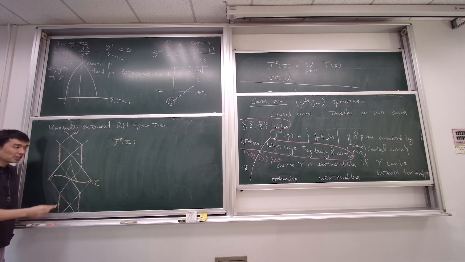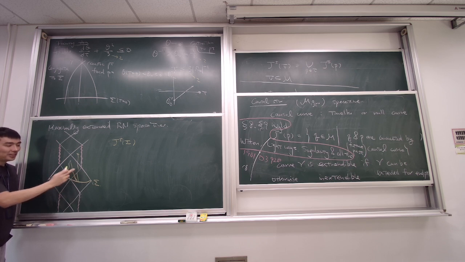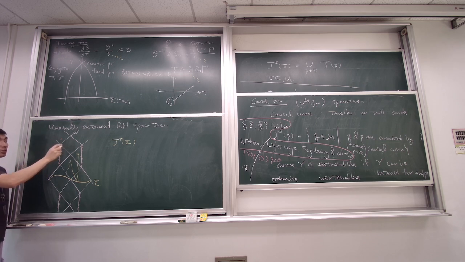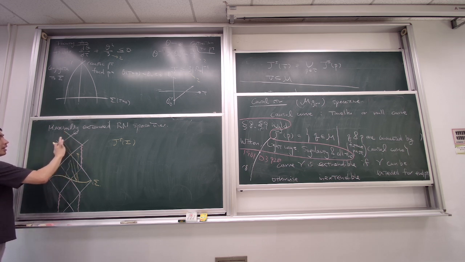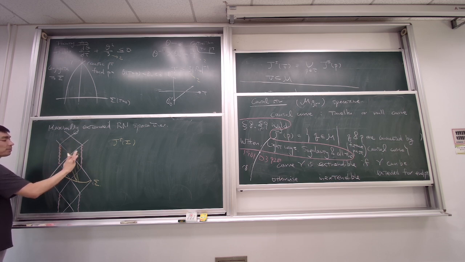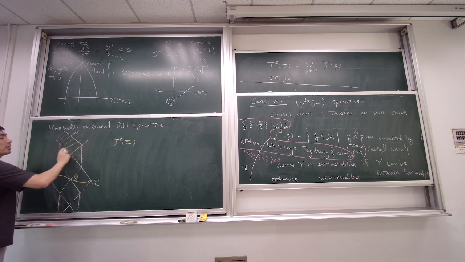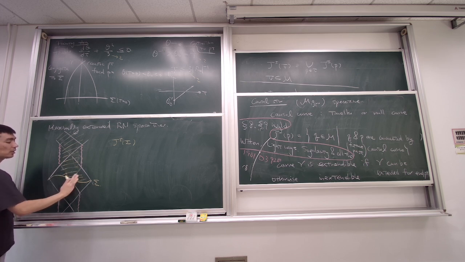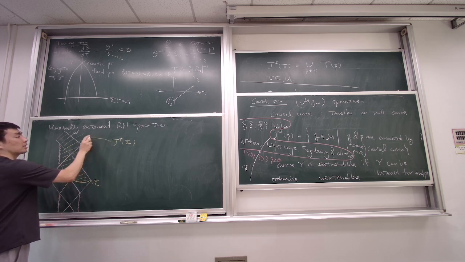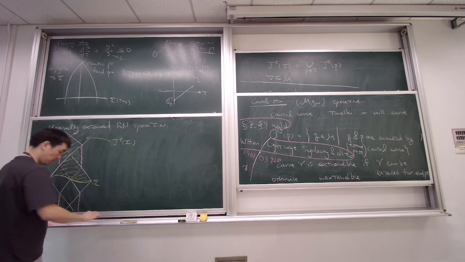How about this point? It can be connected by a time-like curve, so it is also in J plus of sigma. Likewise here, you can find some curve this way. So in fact, J plus is any part in here. So this is J plus of sigma.